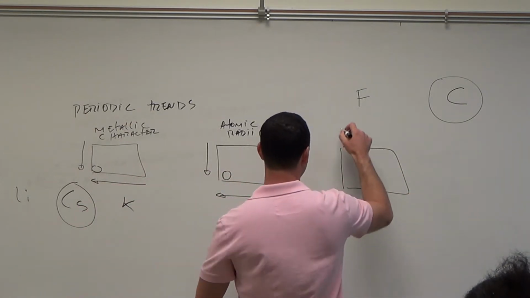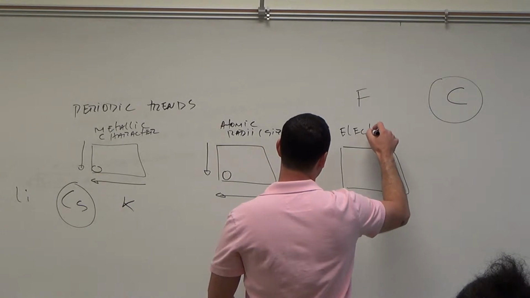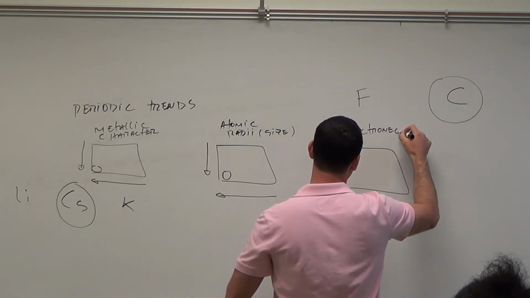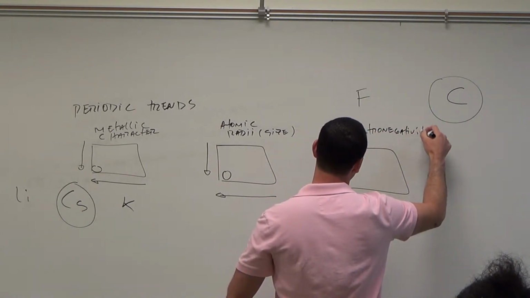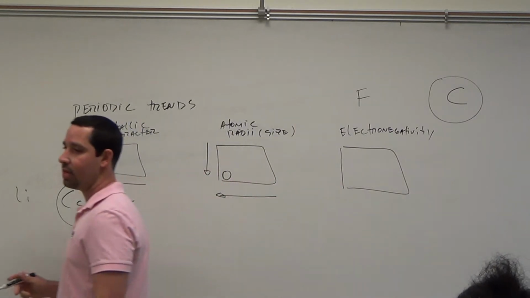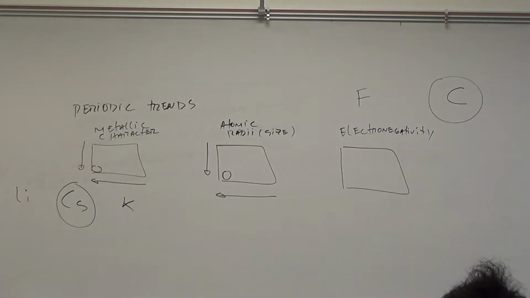You want electronegativity now? Okay. Electronegativity. Another big deal, okay? Now, electronegativity is special because electronegativity is about in a bond which element will keep electron density towards itself.